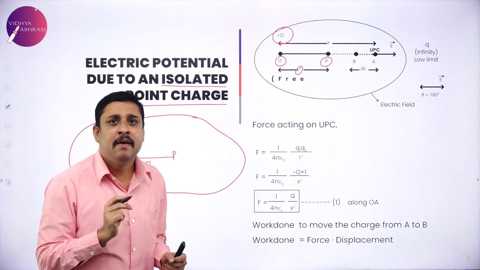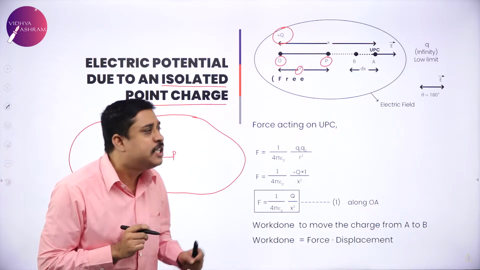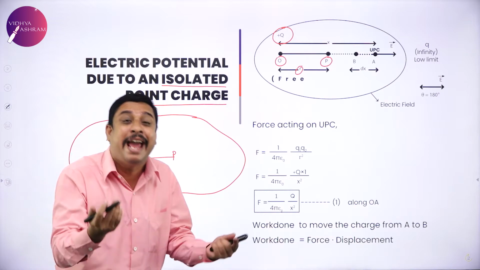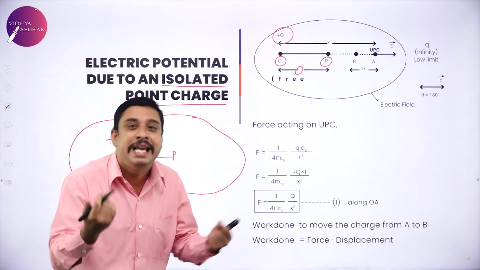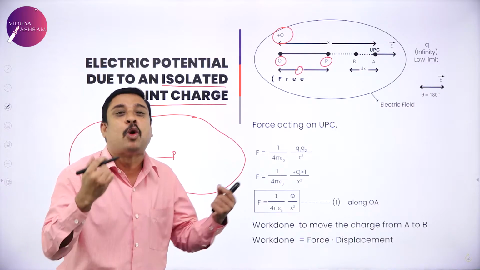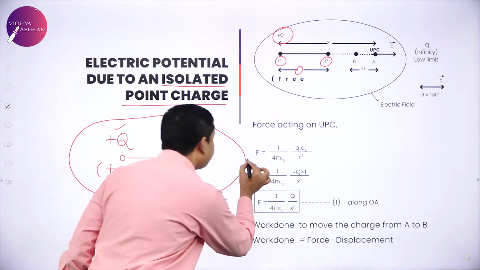Where am I calculating the electric potential? At the point P. What do I mean when I say I have to calculate potential at the point P? Very simple.